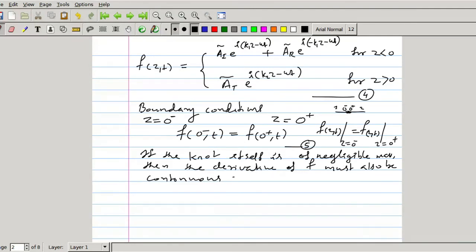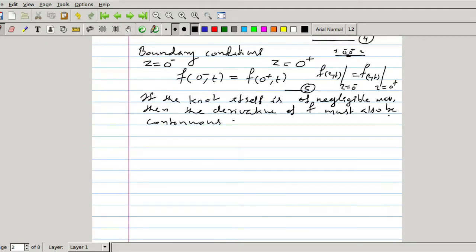The derivative of f means the derivative of displacement, and the slope must be continuous.